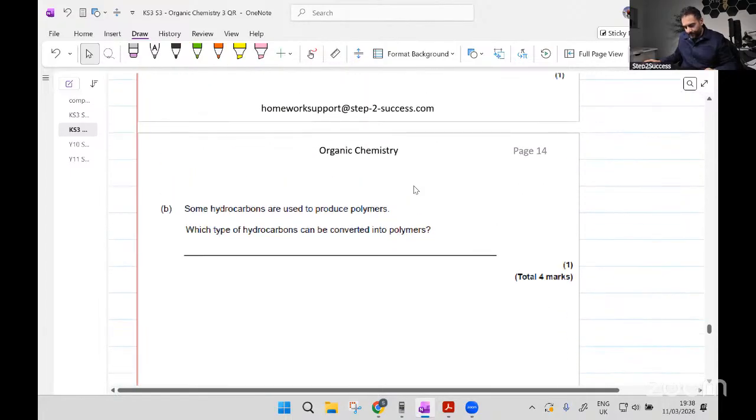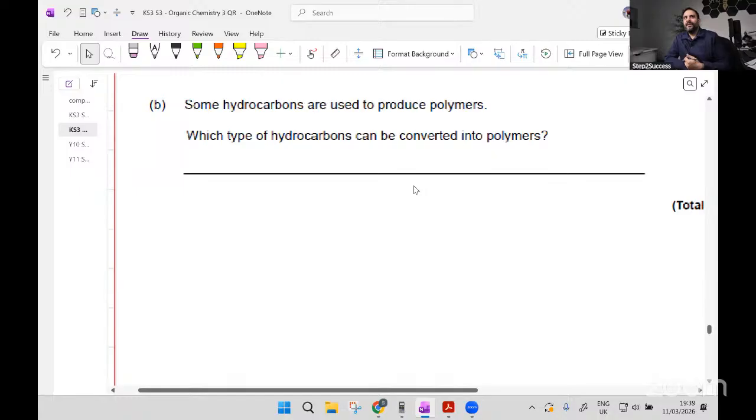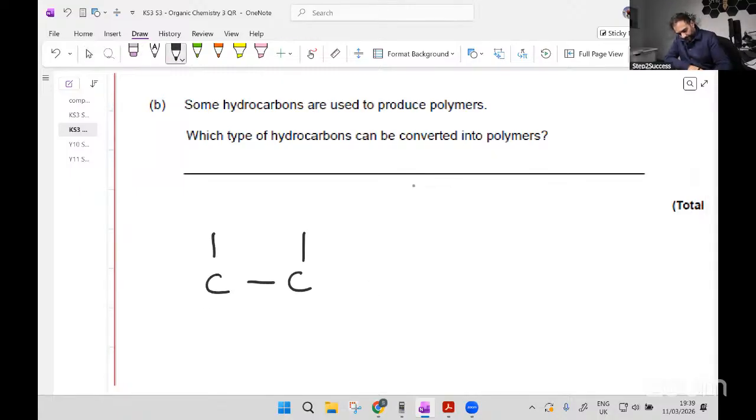6B. The answer to this question, again, you might not have got to this in the lesson, but basically, I'll give you a little bit of indication here. This is an alkane, it's called ethane. This is an alkene.